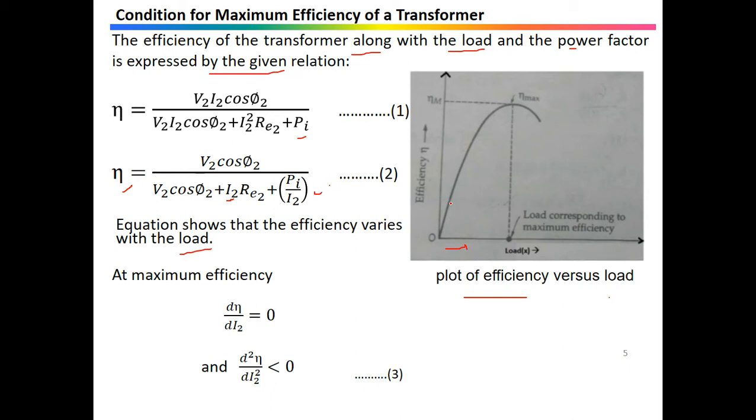So when the load on the transformer is further increased, its efficiency increases. However, it does not mean that as we keep increasing the load the efficiency will increase indefinitely.